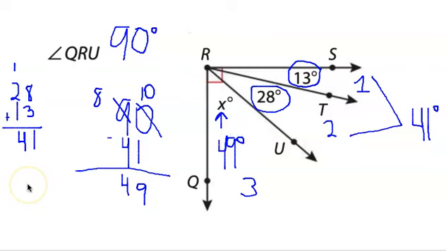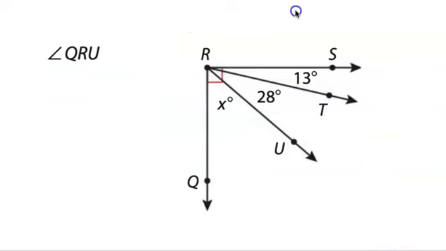And again, we can check this to make sure it adds up to 90. So I had these two pieces were 41, plus the third piece was 49. 1 plus 9 is 10. 1 plus 4 is 5, plus 4 is 9, so 90. So that one we got right.